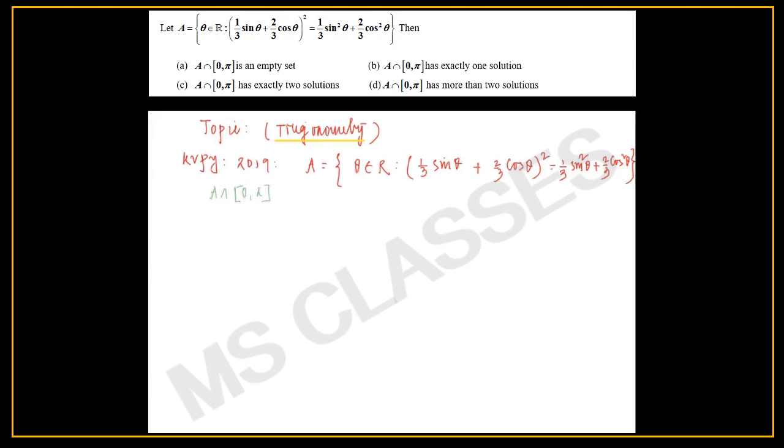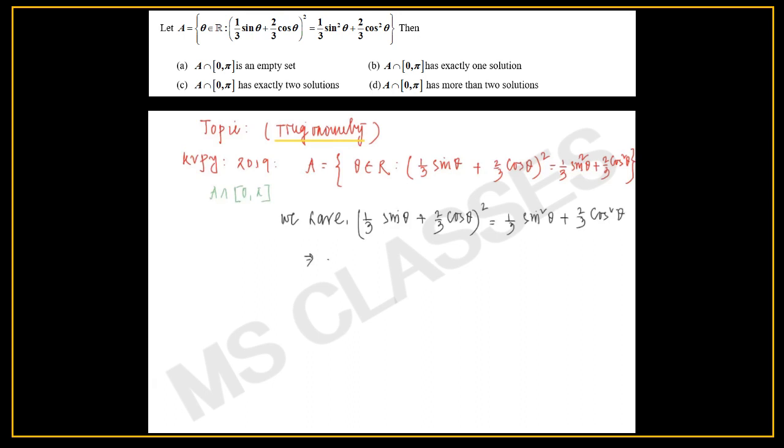We start with (1/3 sine theta plus 2/3 cos theta) whole square equal to 1/3 sine square theta plus 2/3 cos square theta.